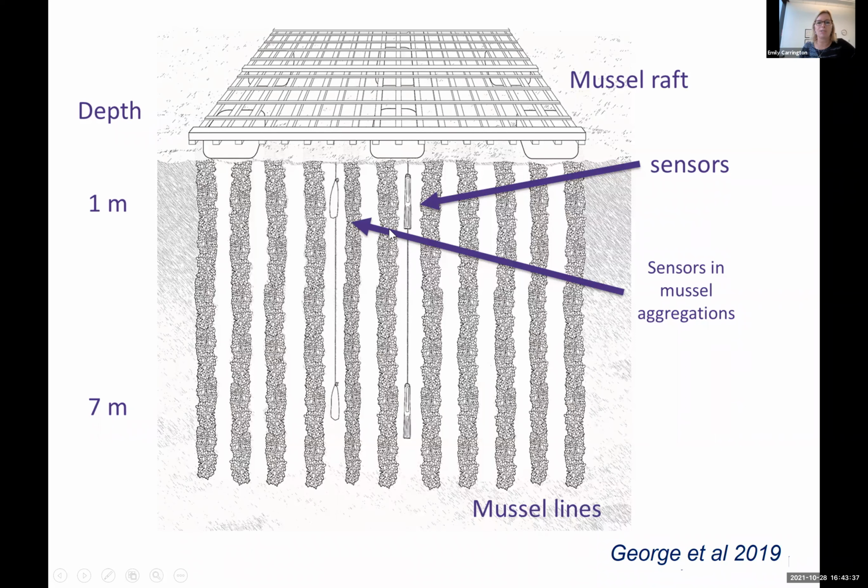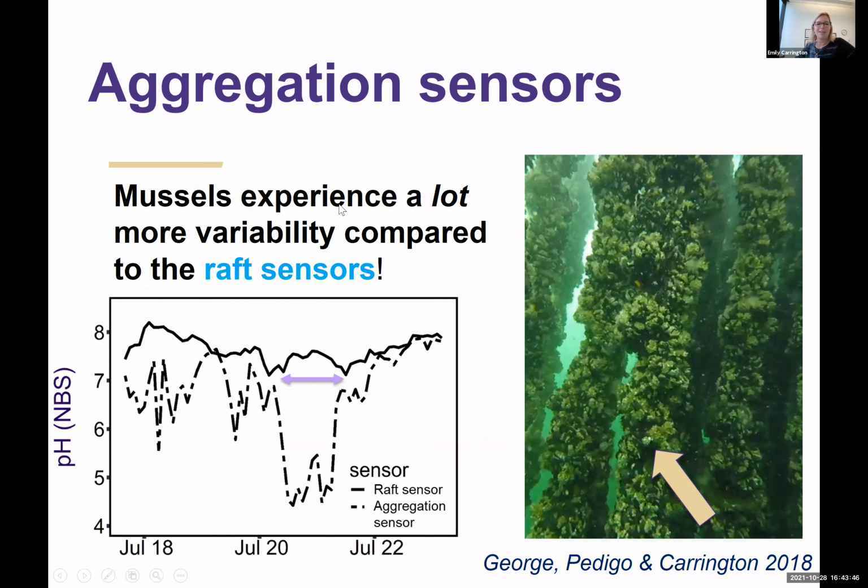So what he did was jam a sensor in, he set up these bags that mimicked that and jammed a sensor into them to see what kinds of conditions they saw. And so this is what he did find. Again, this is what they look like. This would be the kind of variation that we saw from the rafts over the course of a few days, so maybe 1 unit variation in pH.